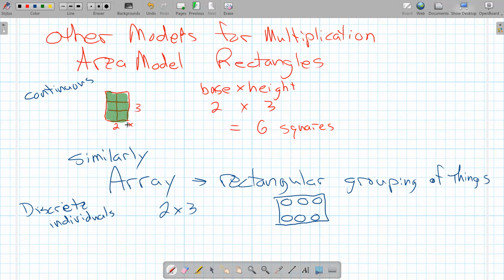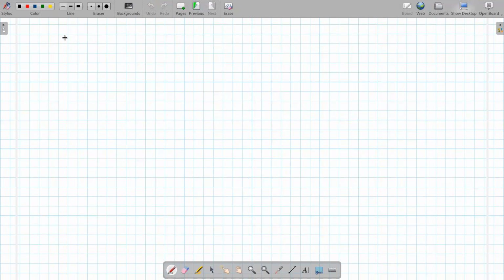Because it's this liquidy thing that covers stuff continuously. Can't really see through it. So continuous is kind of like paint, and discrete is like individuals, individual coins, individual people, and we can group those people in a rectangular setting, like kind of at a table setting. And the other model is called the Cartesian model for multiplication.